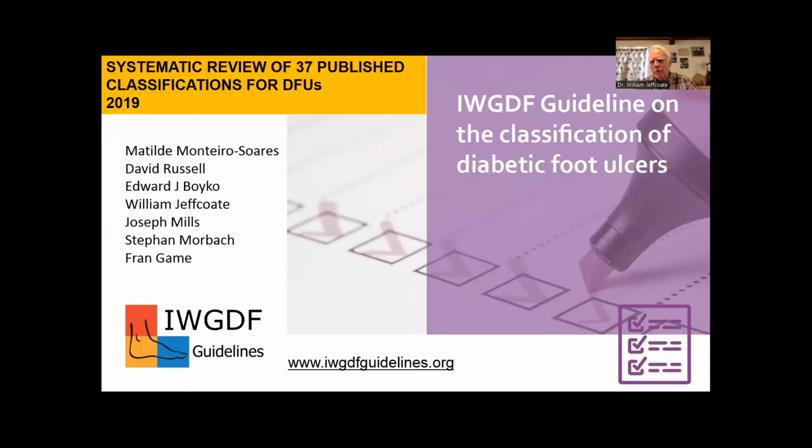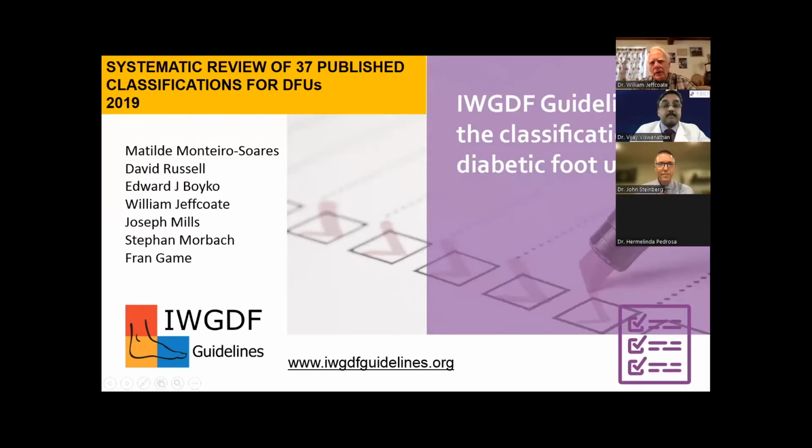Because if you can describe ulcers, then you can count them and put them into groups, and you can work out how each group differs, how long it takes to get better, whether they have an amputation, etc. And you can then start to compare your practice with other people. So although this seems a bit of a tedious subject, I don't think I would have logged on to a talk about it, but I had no choice. The implications are very, very important.